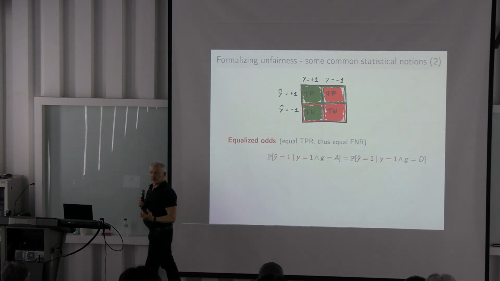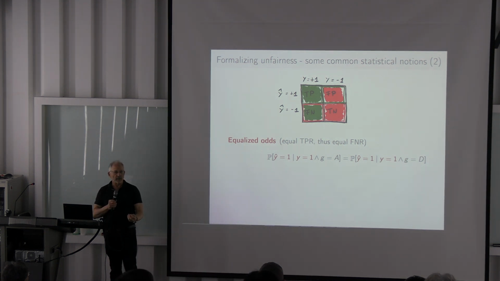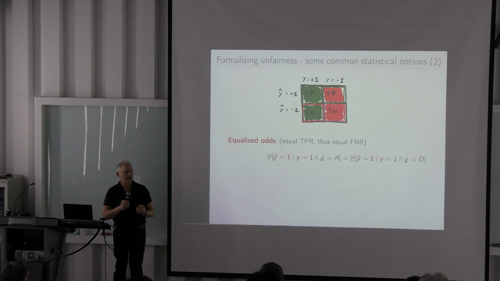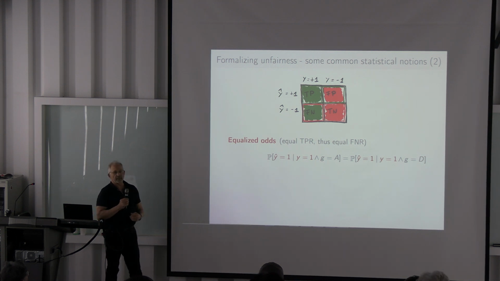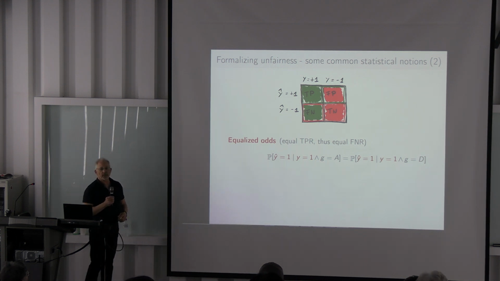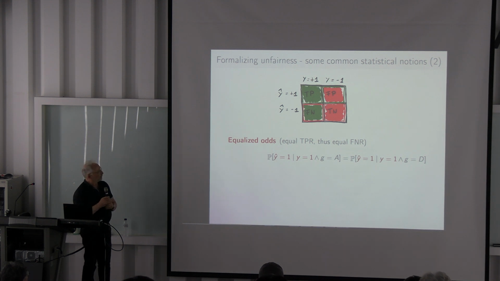So that takes the true labeling into account and allows me to consider correlation between the group membership and the success, the true label of the person.